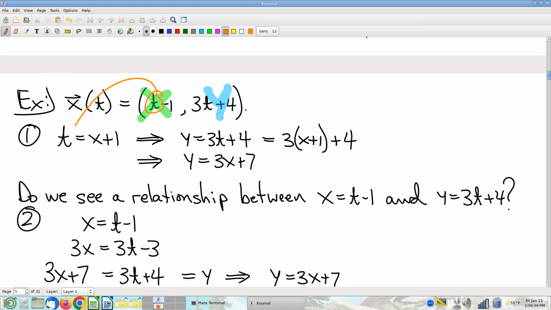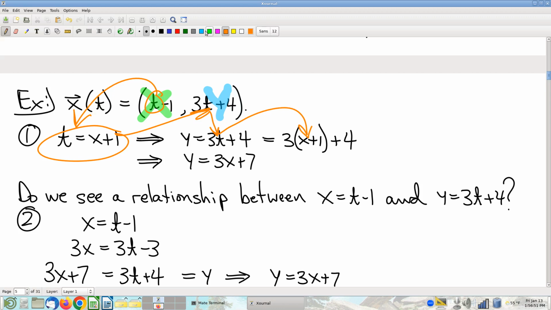Solve for t in one of them, let's say the x formula, and then take that formula for t and plug it into the second relationship. Right?